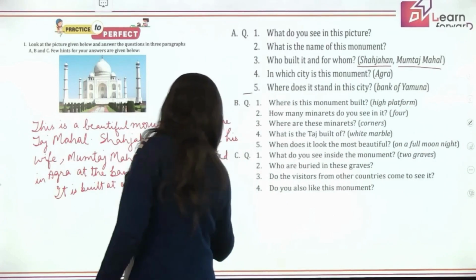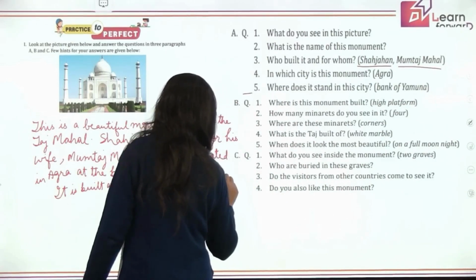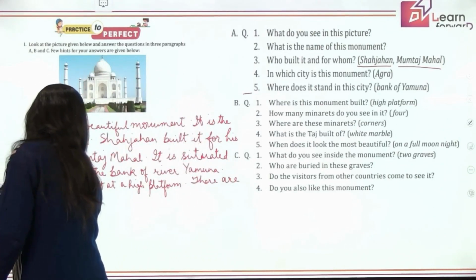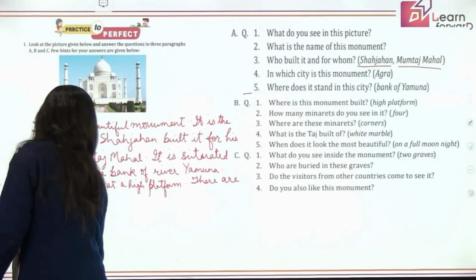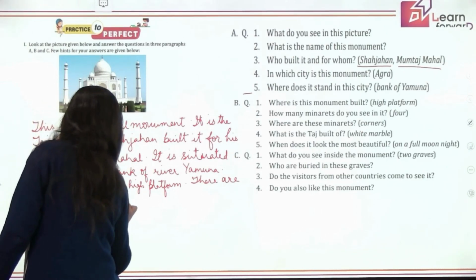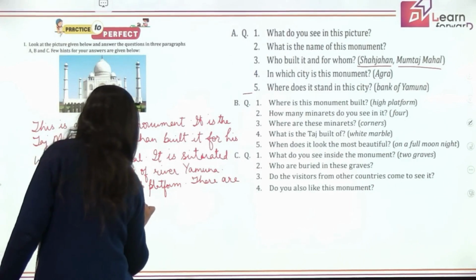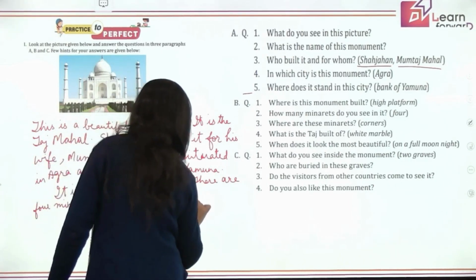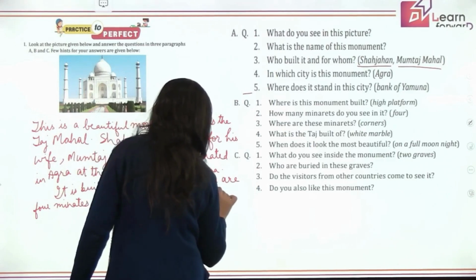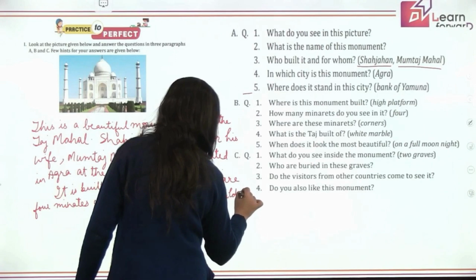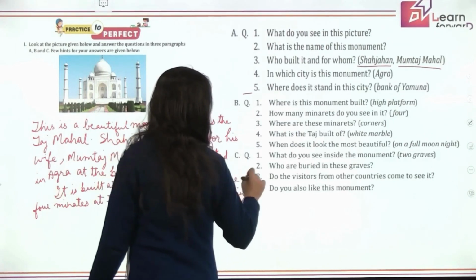There are, that is the minars, at the 4 corners of the building. And you know, all of them look alike. It is very much symmetrical.